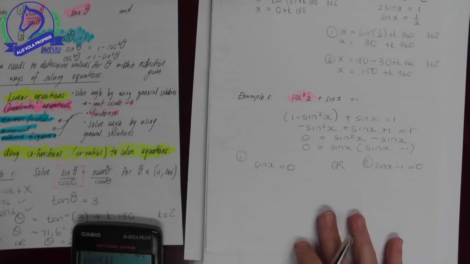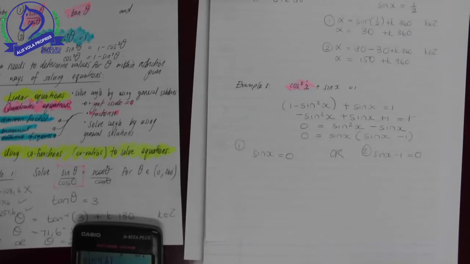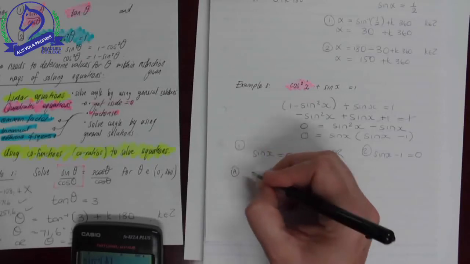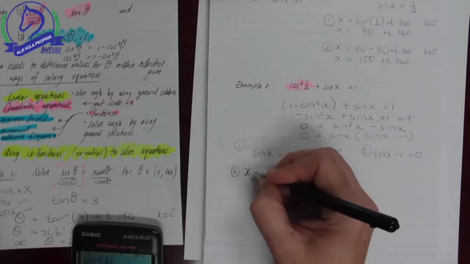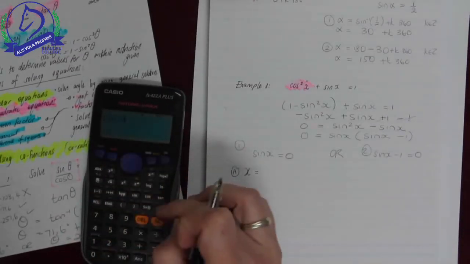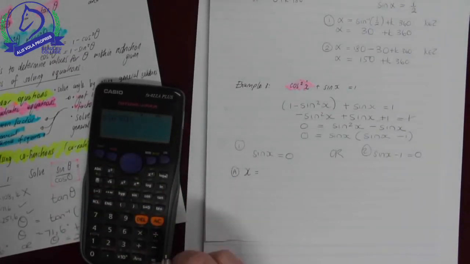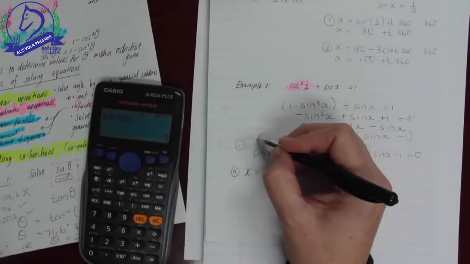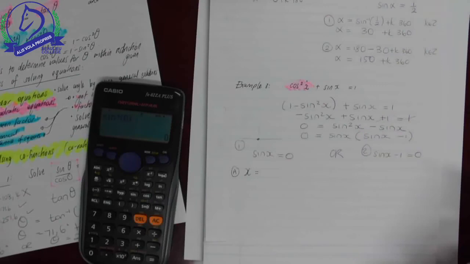So each one will have to go the general solution route. So here x will be equal to, if you're not sure, you work it out on your calculator, people. But on my sine graph, I start at 0 and 0.